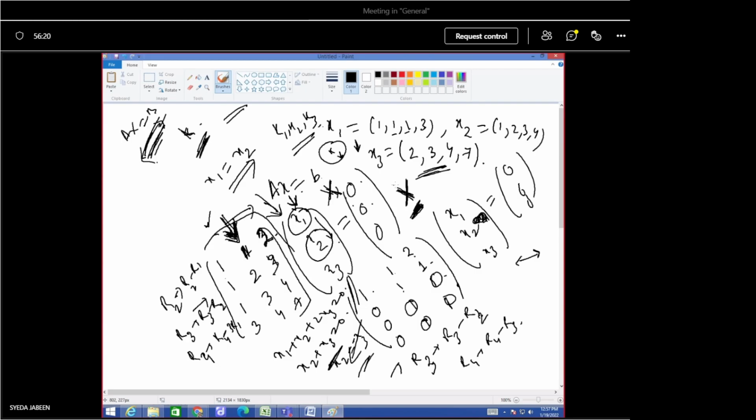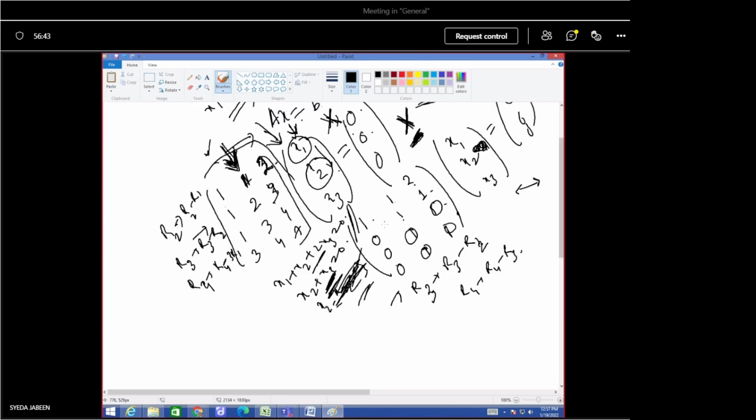So see one thing again, I'm moving over here. What you can see is that you will get this relation. From this relation, you can use it. See over here, you have x2 is equal to minus x3. Okay, let me just erase this. I think you don't have class now.